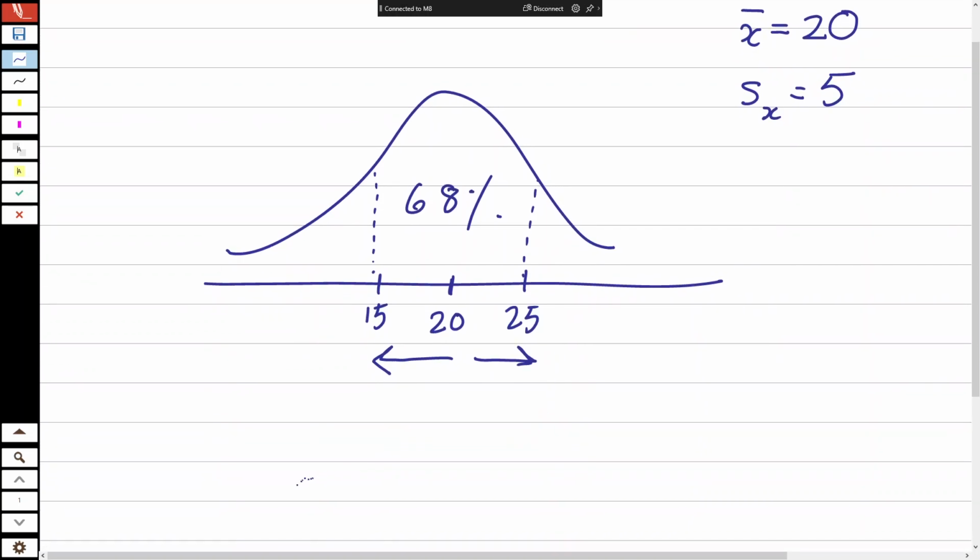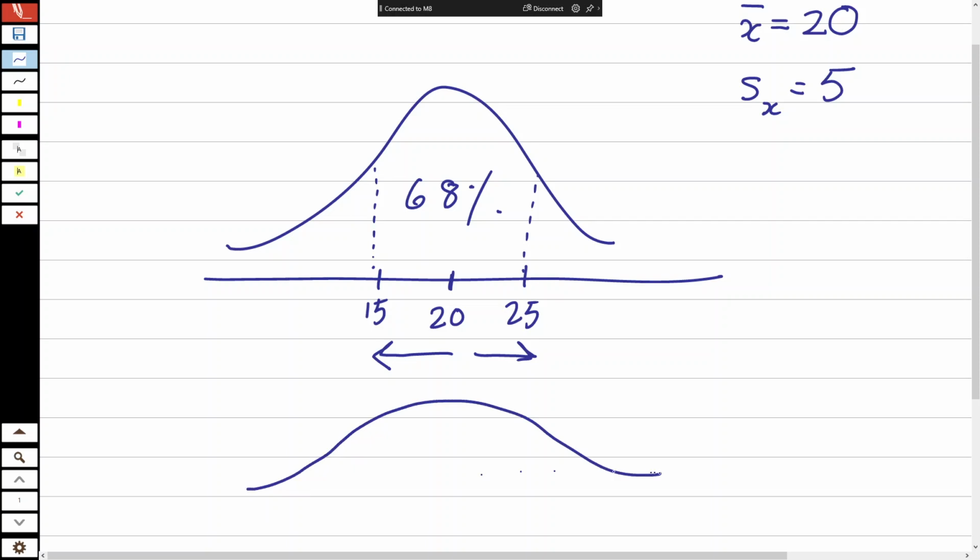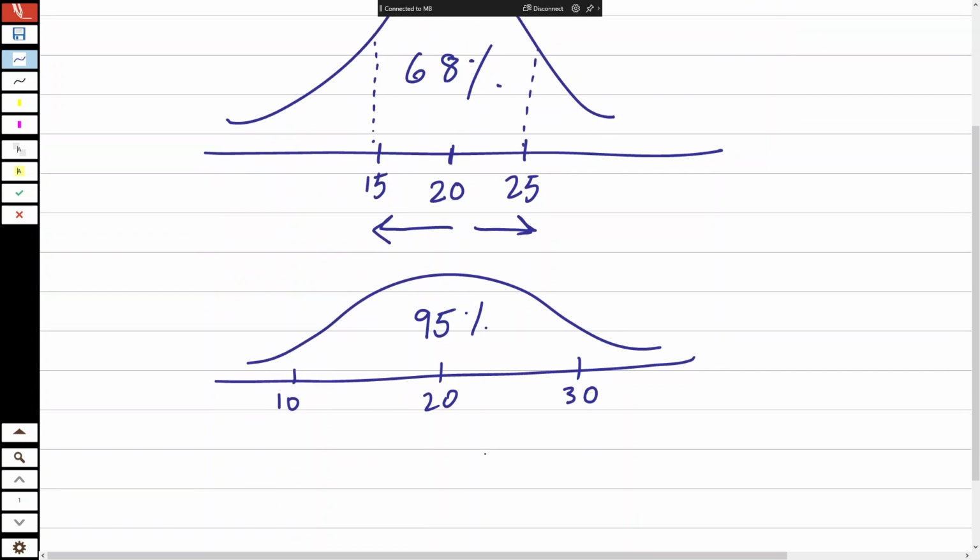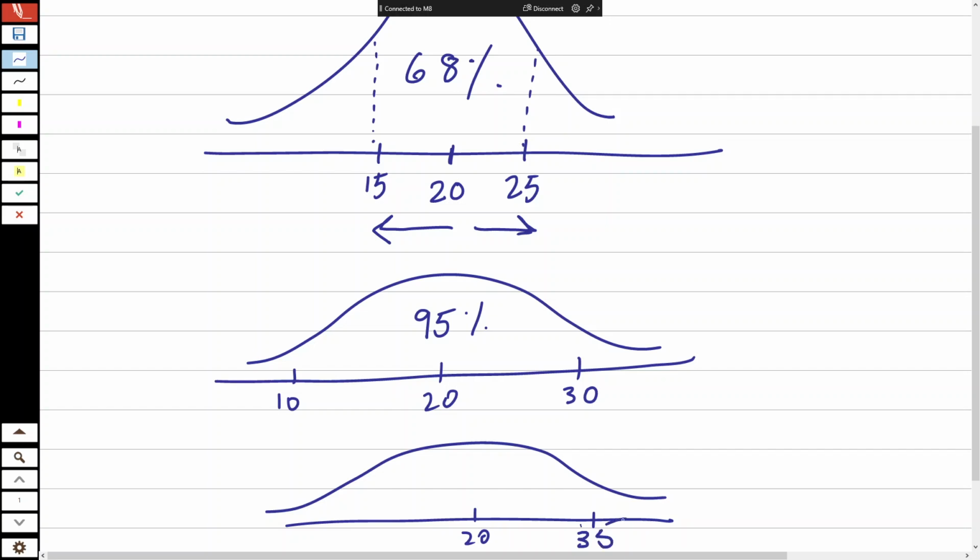If I go up to 30, so now 2 times 5 is 10, 20 plus 10 is 30, so now I'm 2 standard deviations away. It'll be 95%. And lastly, if I go 3 standard deviations away, sorry that they're not to scale, 3 times 5 is 15.